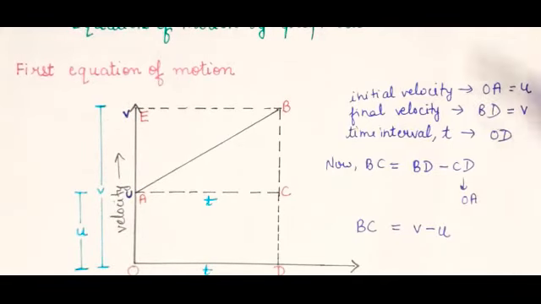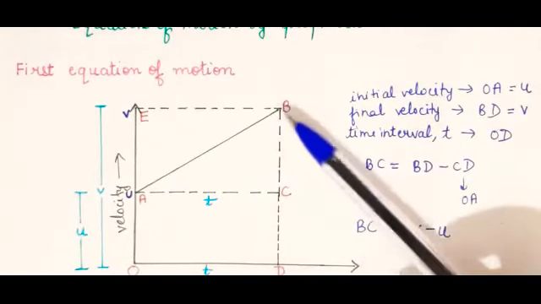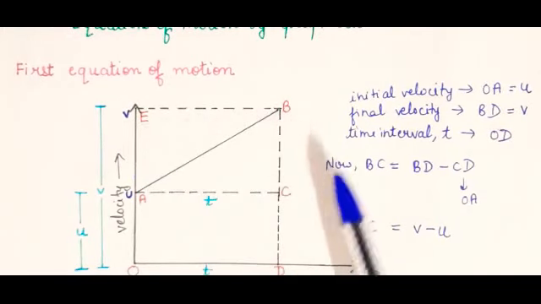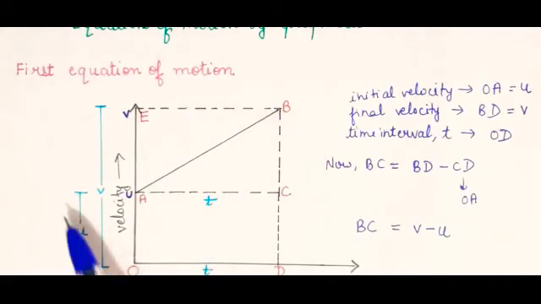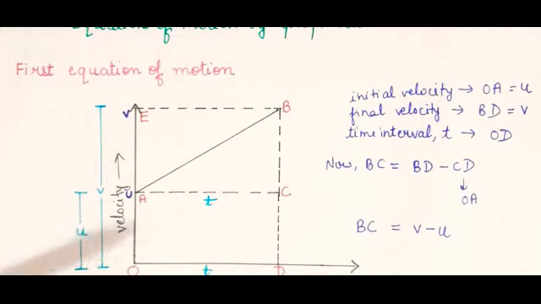Now two perpendicular lines, BD and BE, are drawn from point B on the time axis and velocity axis respectively. So the initial velocity is represented by OA, and the final velocity is represented by BD.